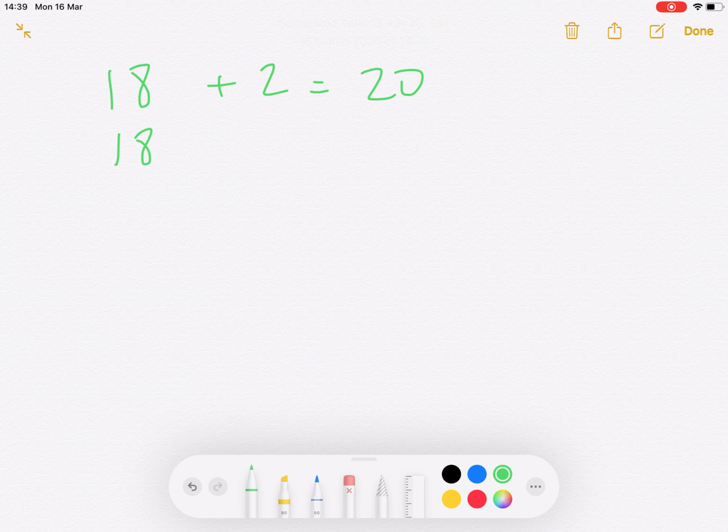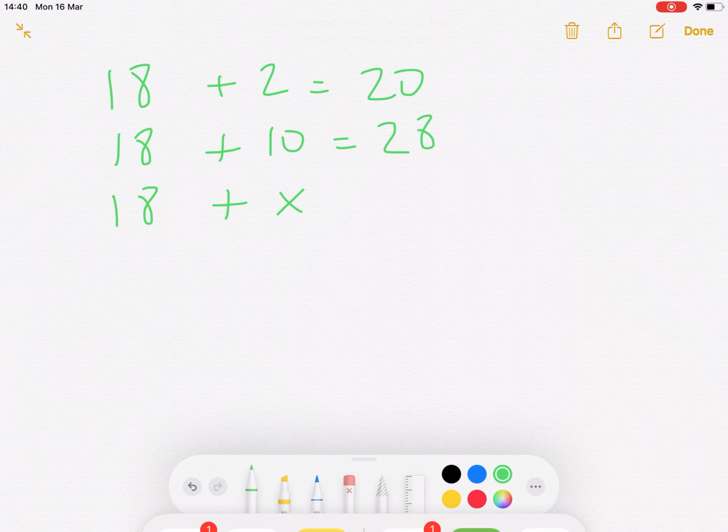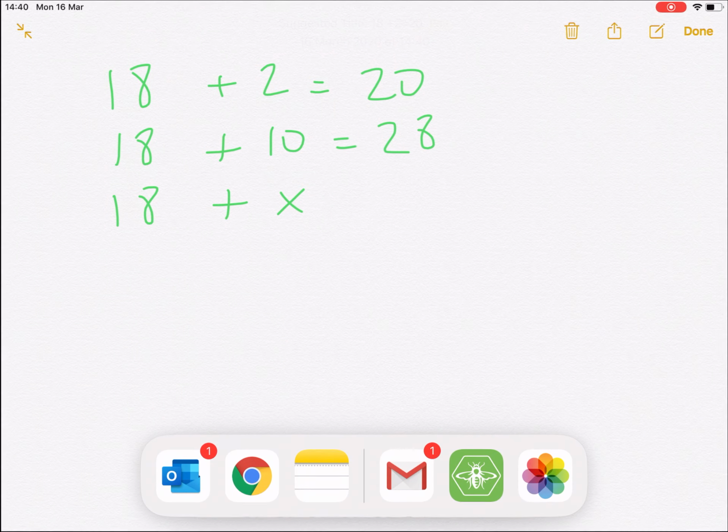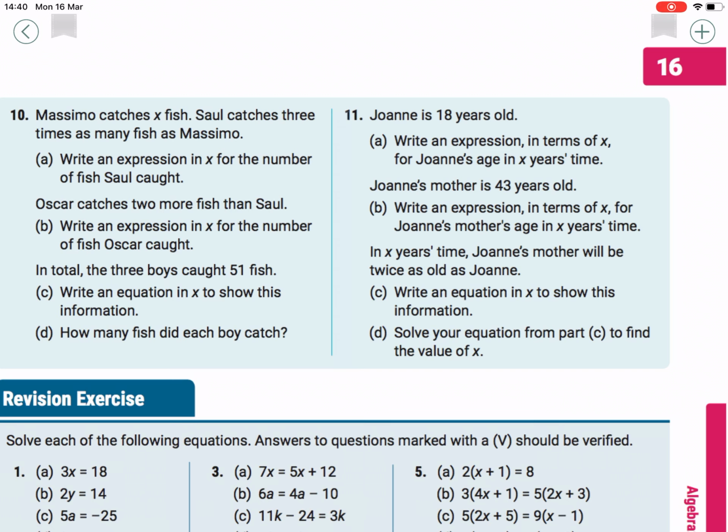In 10 years time she would be 28, but in X years time she's 18 plus X. So that's the expression that we have to use. In X years time she would be 18 plus X years old.